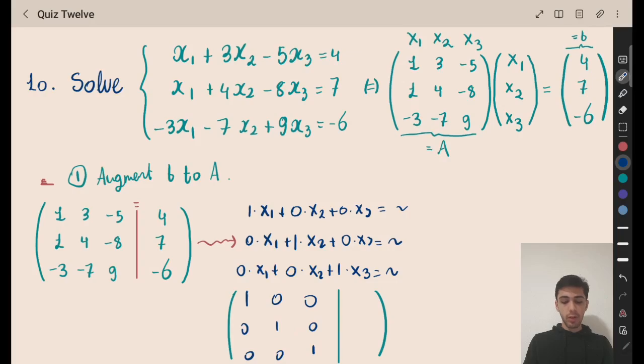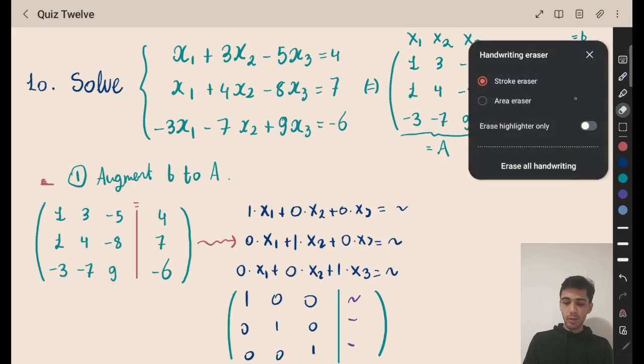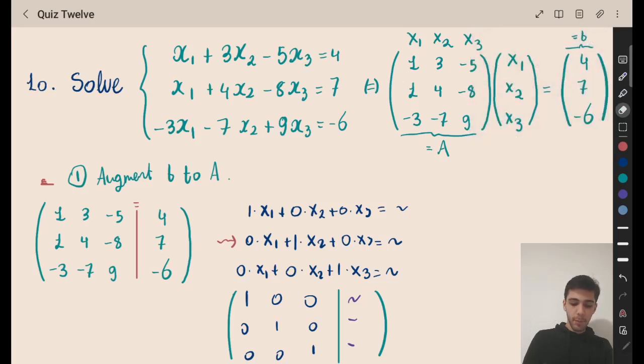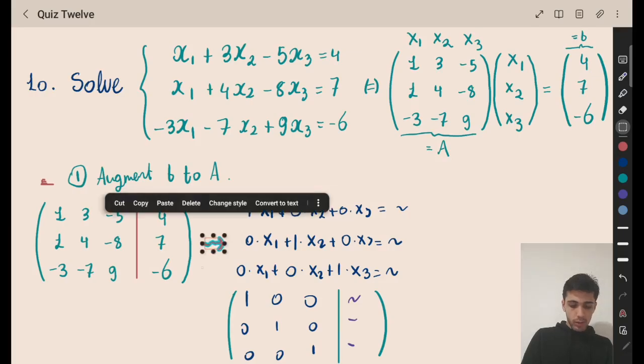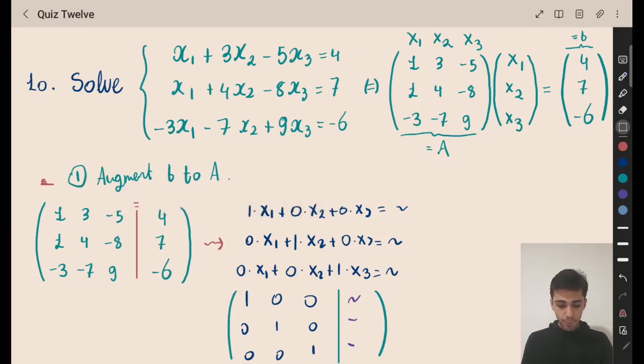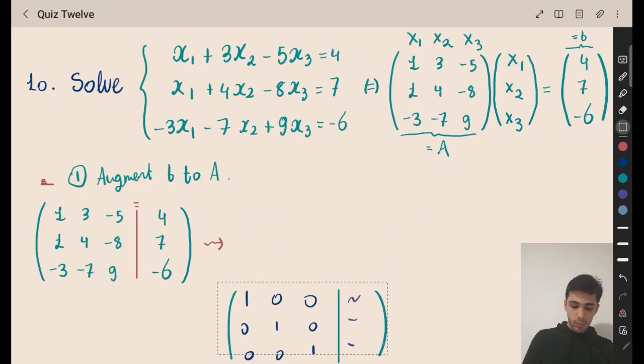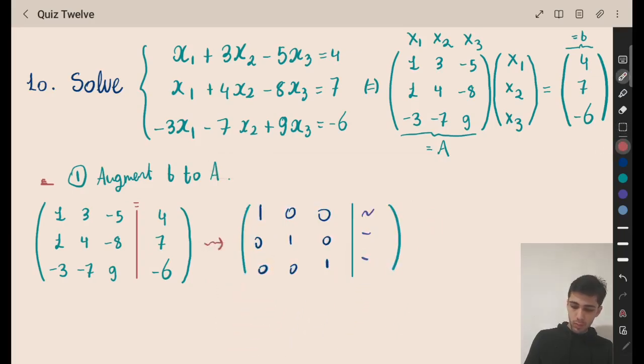That is really the goal of what I'm trying to do now. And this should be equal to something, this is equal to something, that is equal to something. So that is the goal. It is true that this is how we should proceed. So let's do just that. Ones at the diagonal and zeros everywhere else.